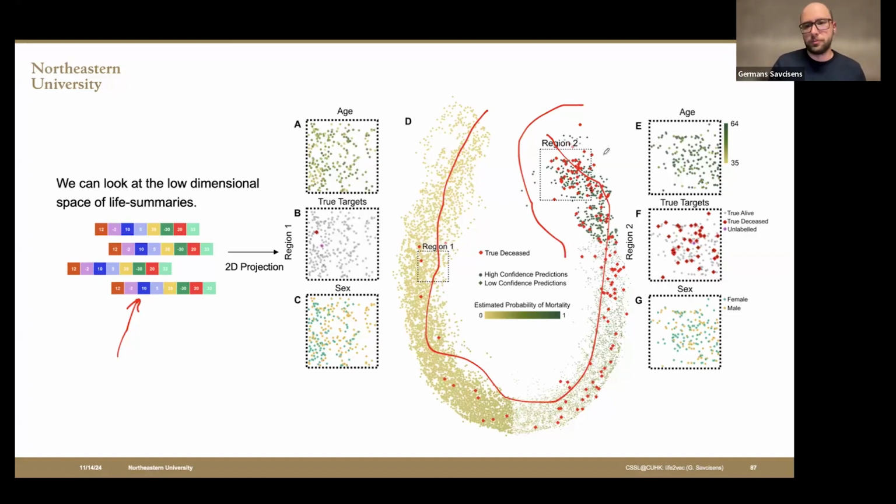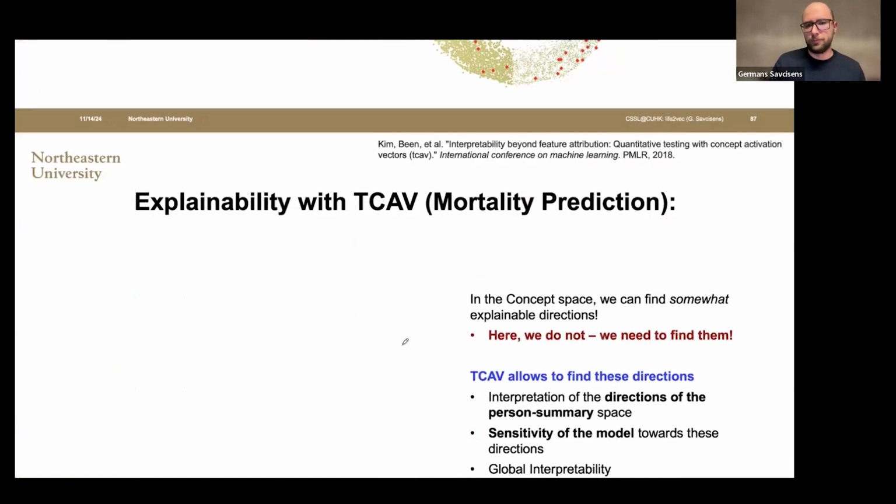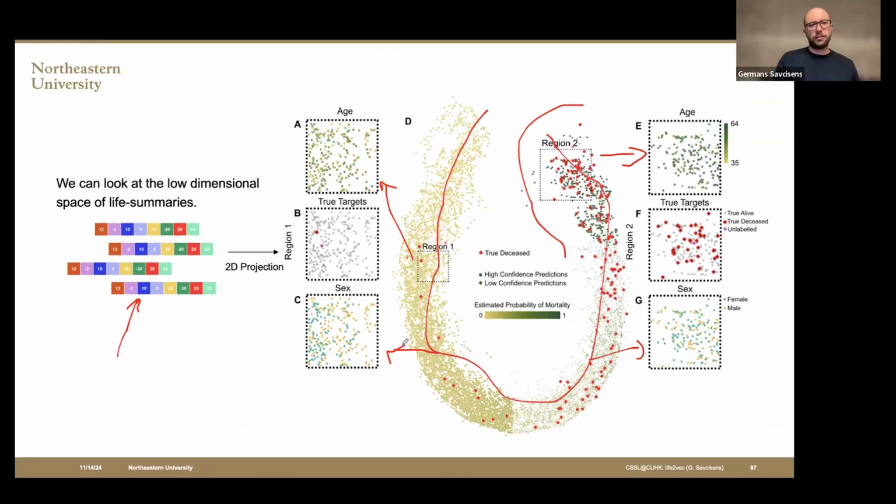And if we zoom in, we could see that age is one of the most important predictors. Region 2 has more older people, region 1 on the other hand has more younger people. We can also see, based on this visualization, that sex is not really used that much, since in both regions the sex is represented more or less equally. Again, this shows us that indeed life2vec did capture something of interest, something that aligns with the literature at hand.